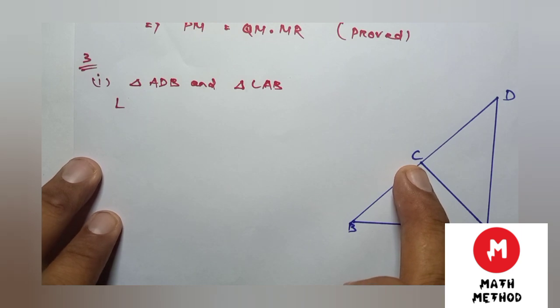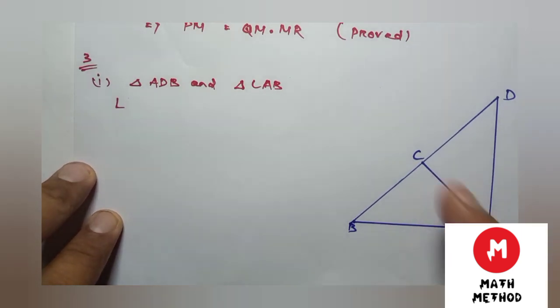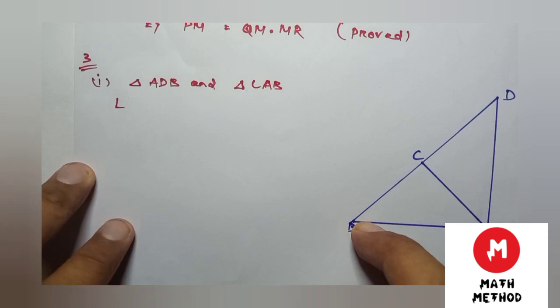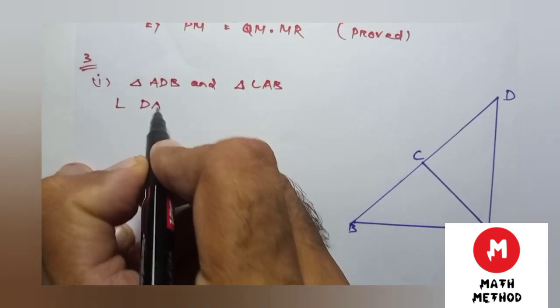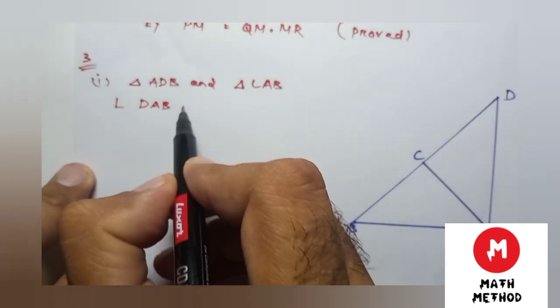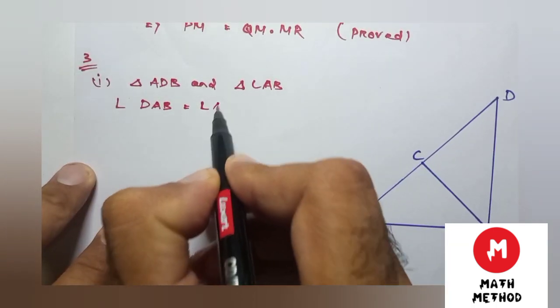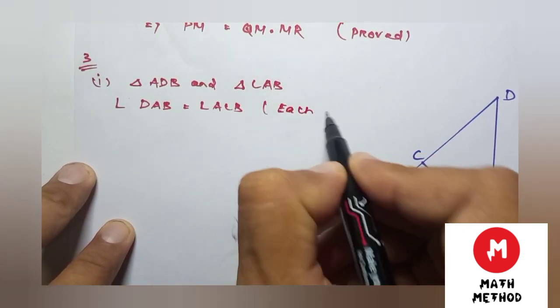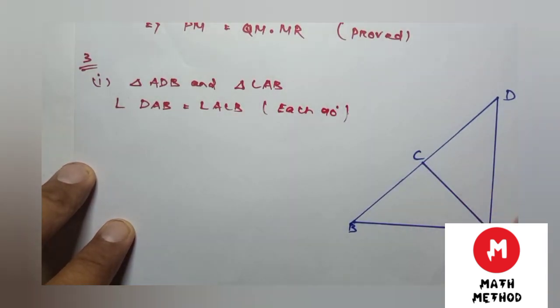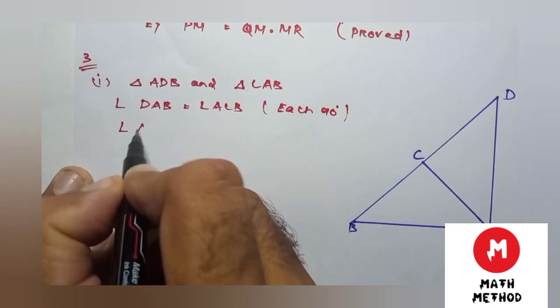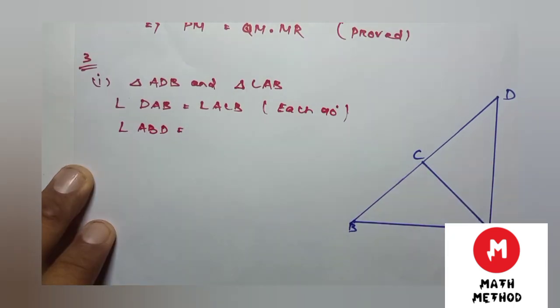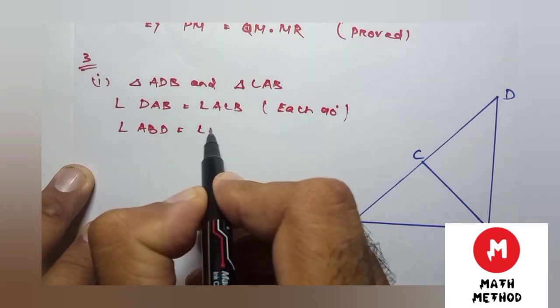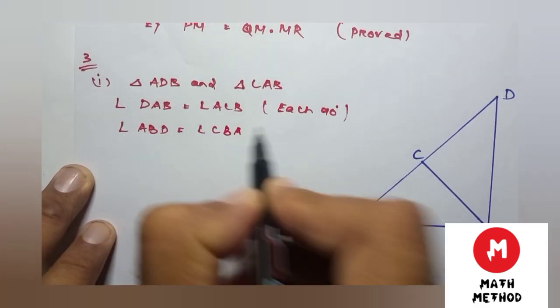Angle DAB is equal to angle ACB, because both are 90 degrees. So we can say each is 90 degrees. And angle ABD is equal to angle ABC, or angle CBA. Angle CBA, this is a common angle.